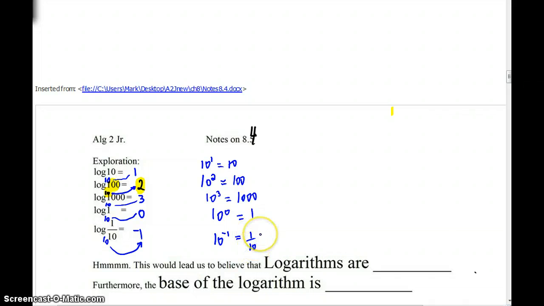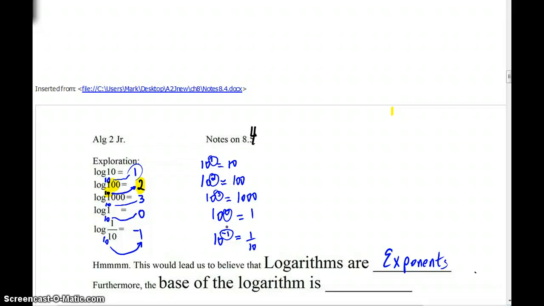It's 1 over 10. So this would lead us to believe that logarithms are exponents. Look, what the logarithms here are equal to are the numbers 1, 2, 3, 0, -1. But look at these numbers, 1, 2, 3, 0, -1.